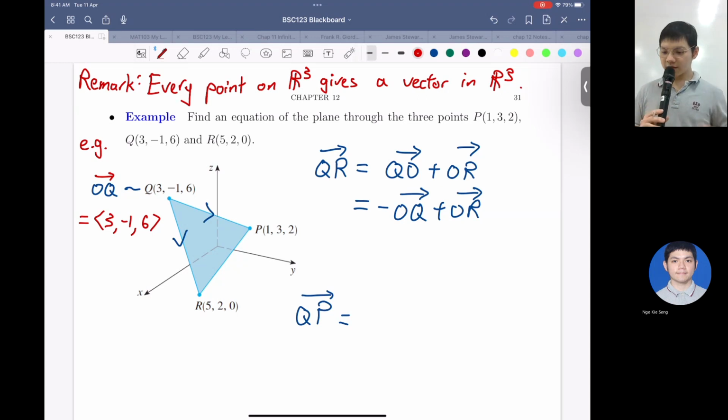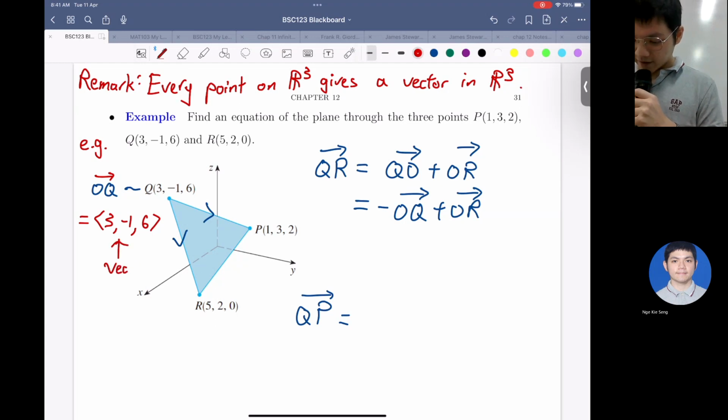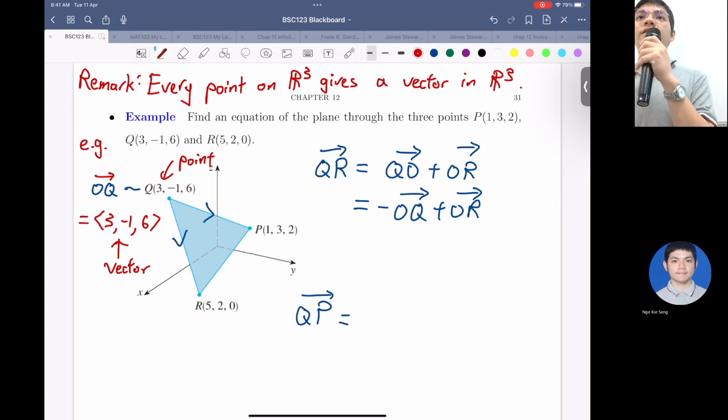So I use this row vector here. Here is a vector. Here is a point. Although they seem the same, you need to differentiate whether it's a point or a vector. Is it clear? Okay.